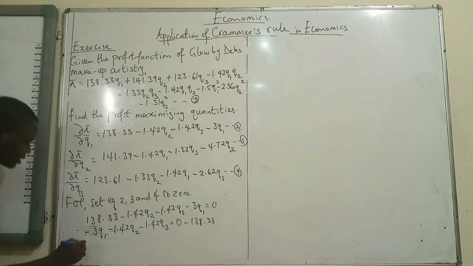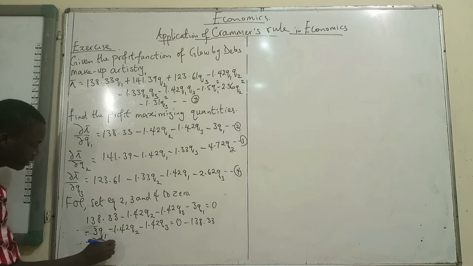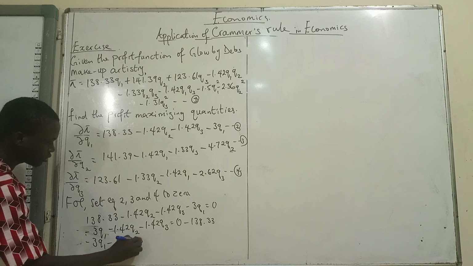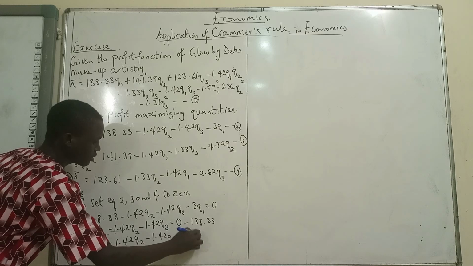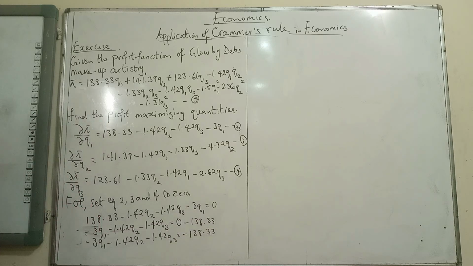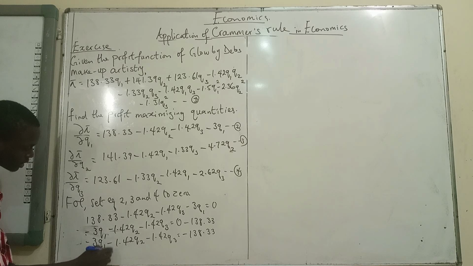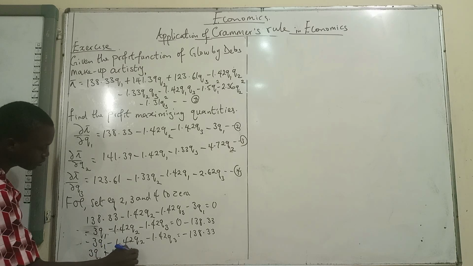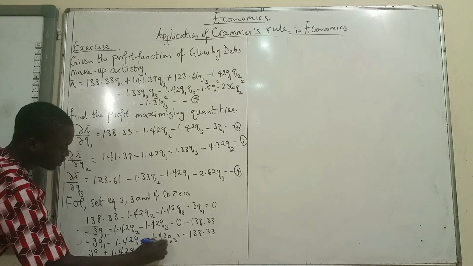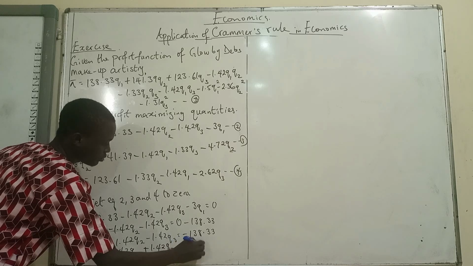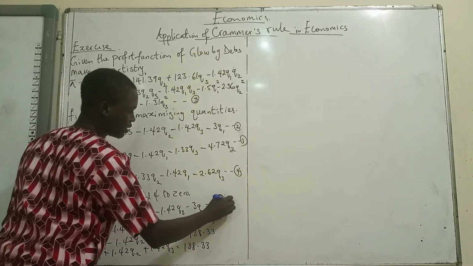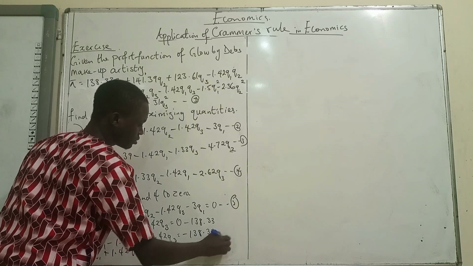Then this is minus 3 Q1 minus 1.42 Q2 minus 1.42 Q3 equals minus 138.33. So multiply through by minus 1. So this becomes a plus: 3Q1, plus 1.42 Q2, plus 1.42 Q3 equals plus 138.33. So I call this equation 5, and I call this equation 6.